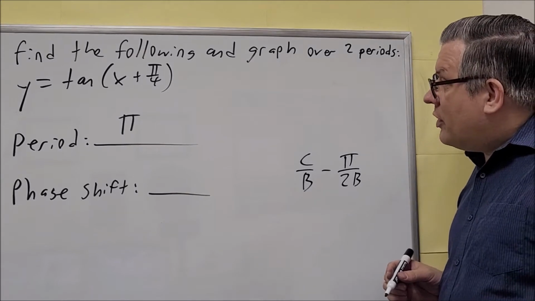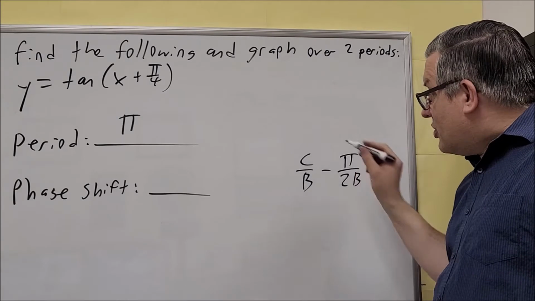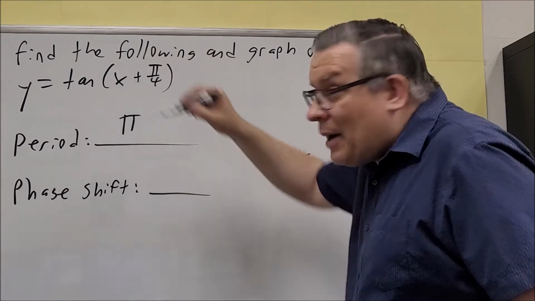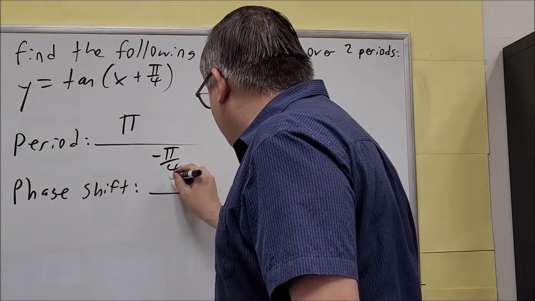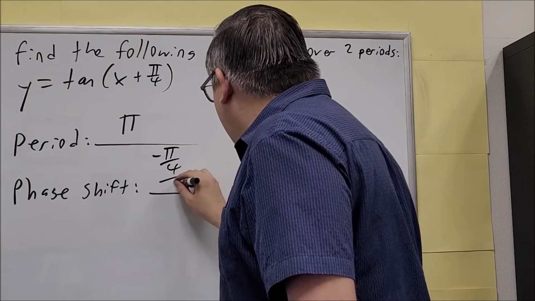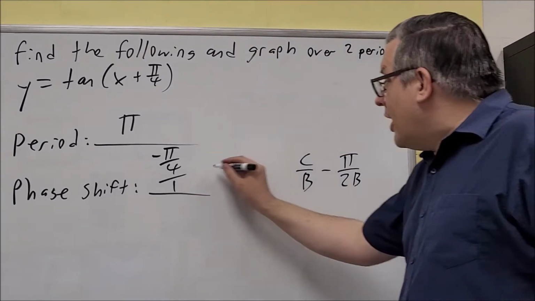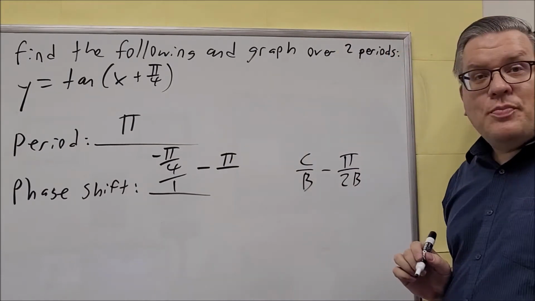Okay, so this one, there's a plus sign that's there, and so your c on top is going to end up being negative. It's always, again, opposite sign there, so you're going to do minus pi over 4 divided by the number in front of the x, which in this case is a 1. Then we have to do minus pi over 2 times b.